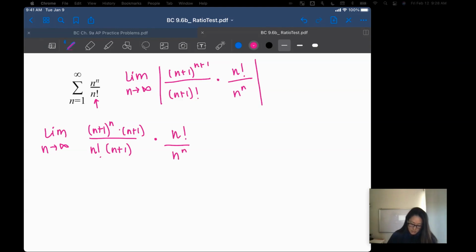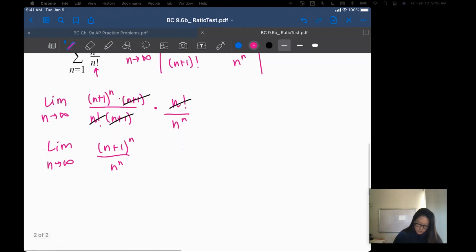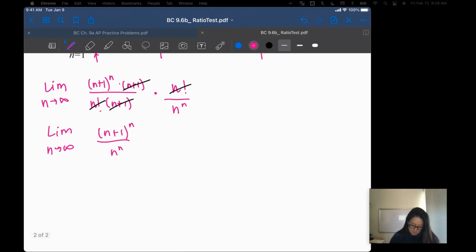Okay, so I end up with these n plus 1's cancel, the n factorials cancel, and I get the limit as n approaches infinity of (n plus 1) to the n over n to the n, which is the limit as n approaches infinity of, well, I'm going to take out the power of n, so (n plus 1) over n, and then I'm going to divide those in.